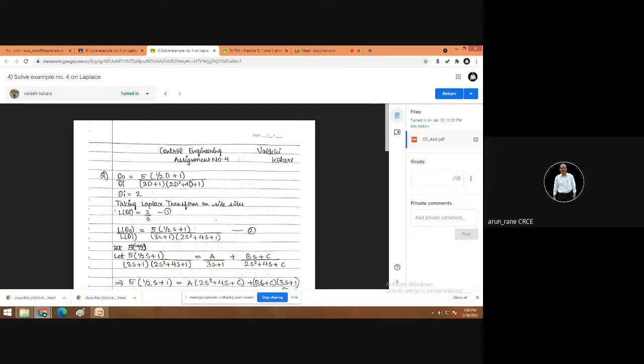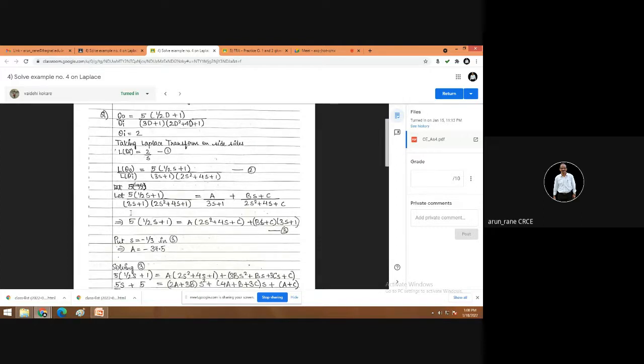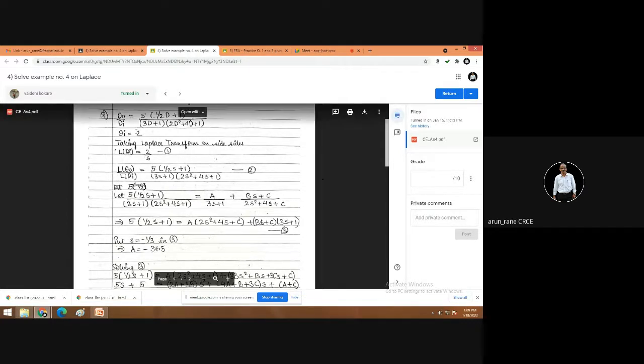So first we are replacing this in Laplace form. So that is Laplace of theta O, Laplace of theta I, pi into half of s. This is right. Now 2 has been kept on the left hand side only.